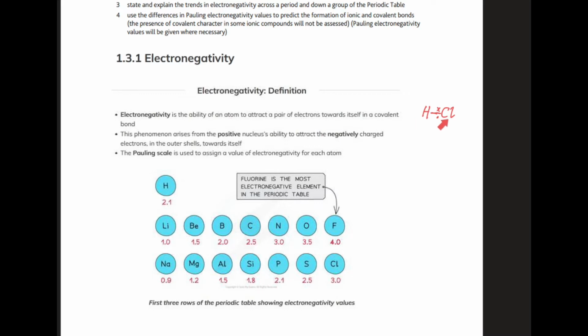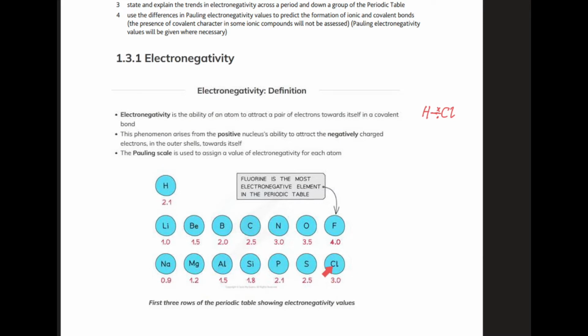Oh, okay. So if you want to understand whether this is ionic or covalent, basically there is a rule. So how do we find out whether they are ionic or covalent? You look at the Pauling scale, and you subtract them. You find out the difference.